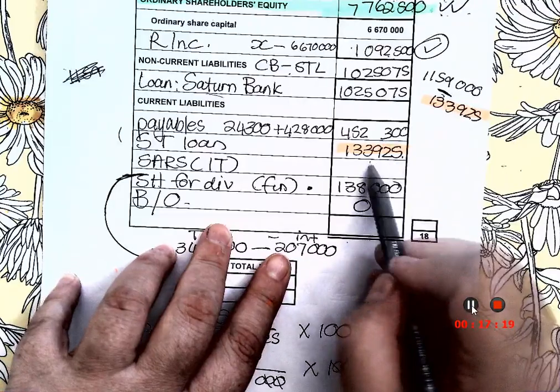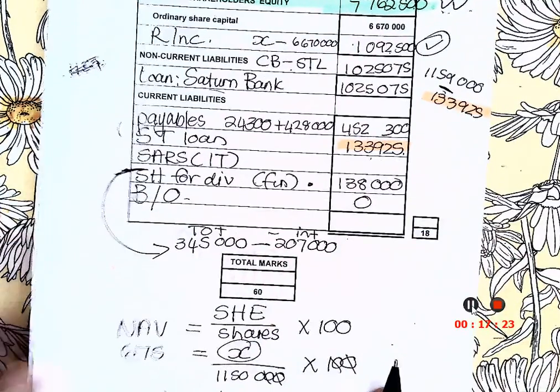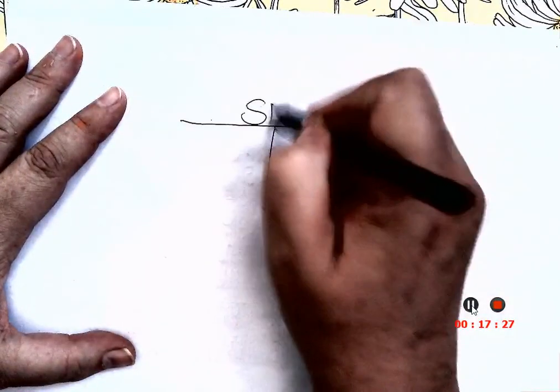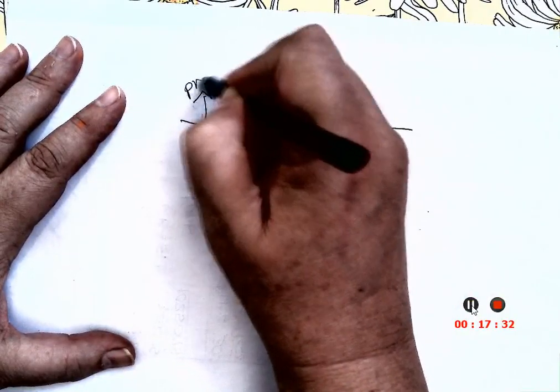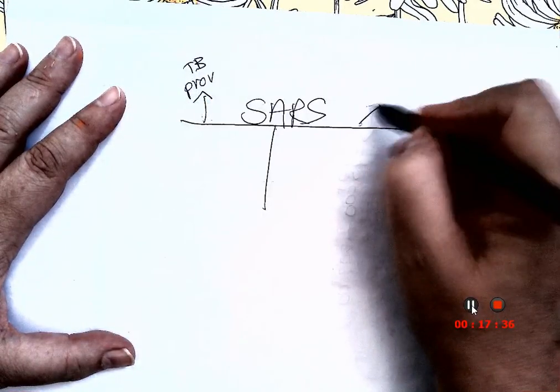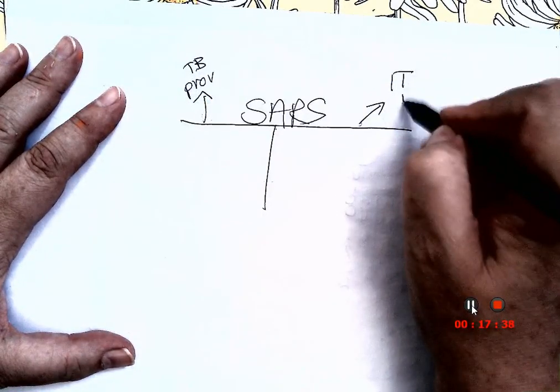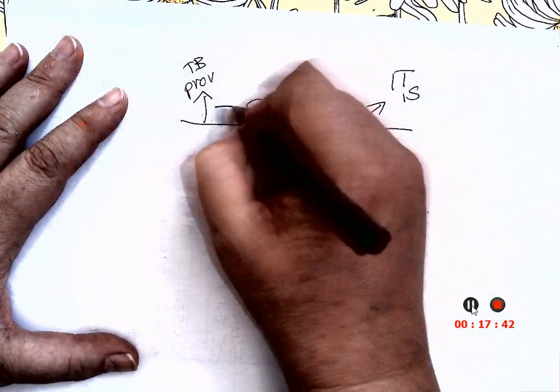Okay. And now there is no bank overdraft, but there is definitely a SARS. So let's go do SARS. So what do I do with SARS? I say, SARS, I want to see this side. I'm going to put the provisional payments, which I find in the trial balance. This side, I'm going to show the income tax, which I find in the income statement.